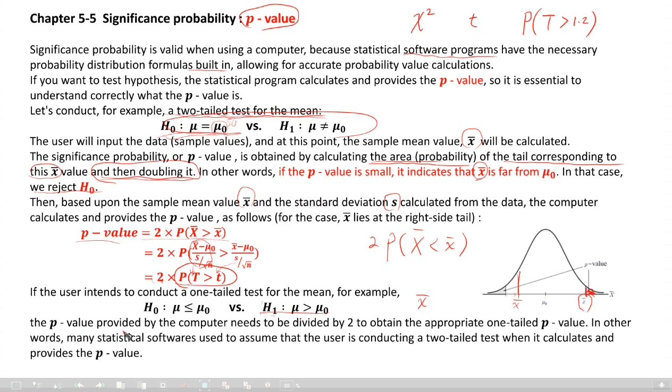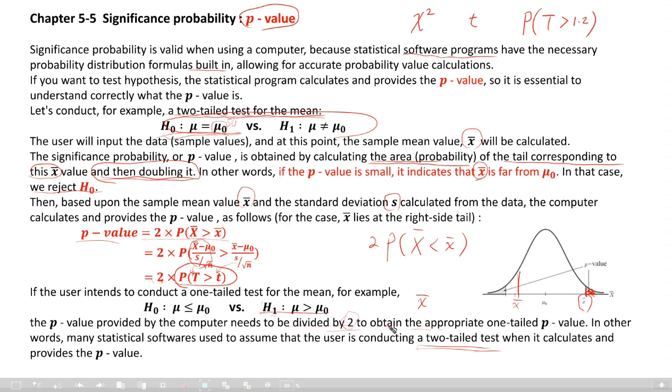The p-value provided by the computer needs to be divided by 2 to obtain the appropriate one-tail p-value, because many statistical software programs assume that the user is conducting a two-tailed test. Okay? So we have to divide by 2.